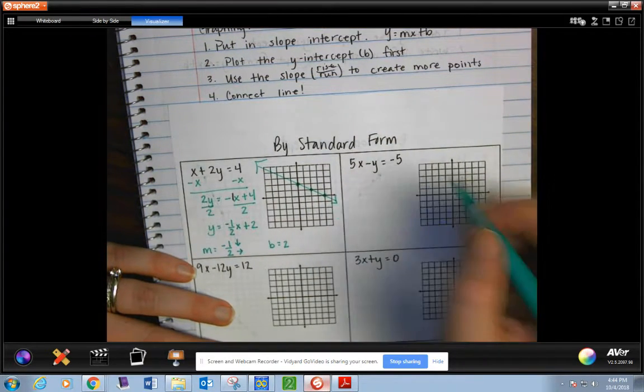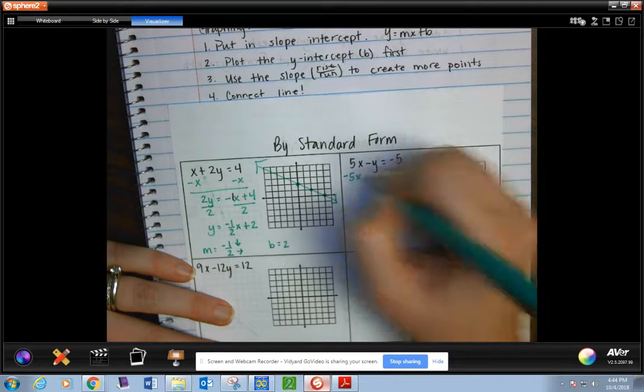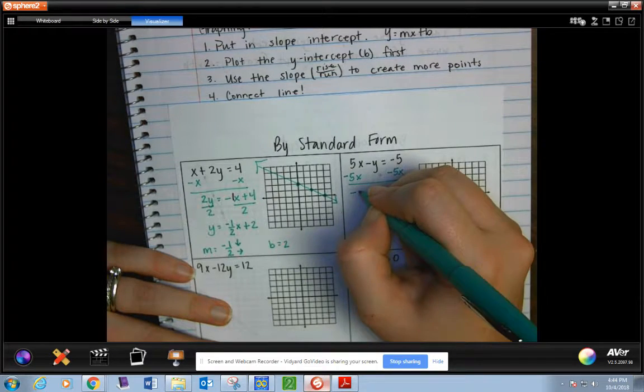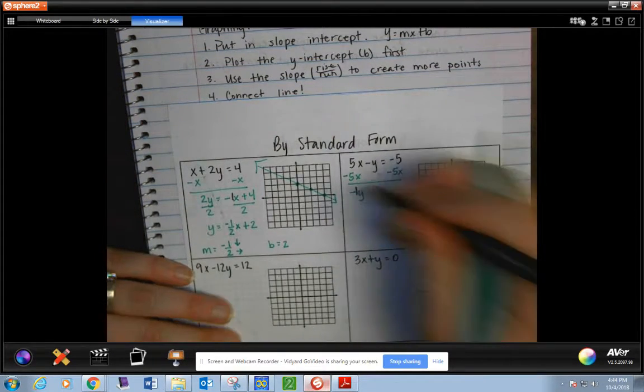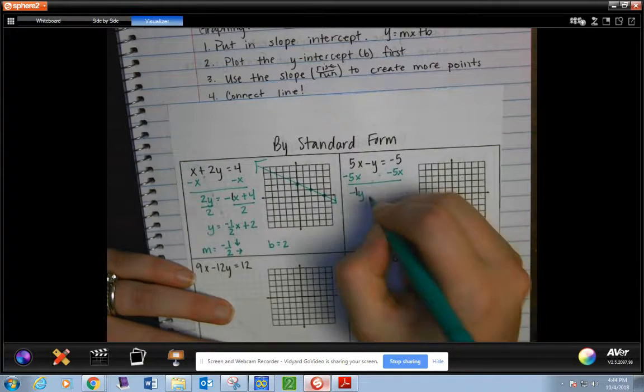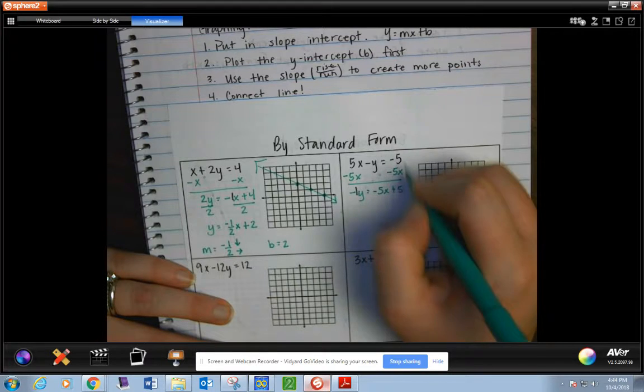Now I have 5x minus y equals -5. This one can trick you if you're not paying close attention, so move the x by changing the sign. That gives me a -y, and if you need to know that, that's a -1y equals -5x plus 5. Sorry, not plus 5.